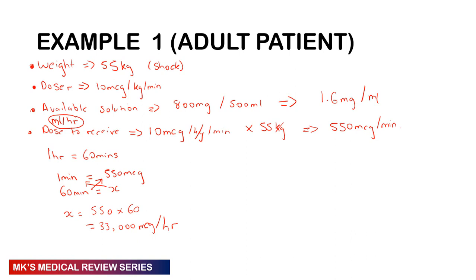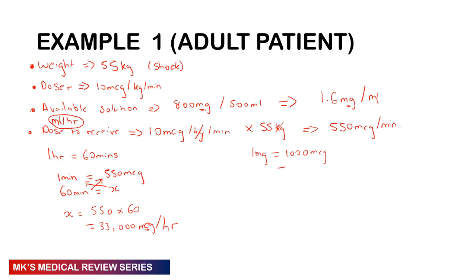We want to change it to milligrams, because our concentration here is given in milligrams, not in micrograms. So we want to change these micrograms to milligrams. Remember again, the next conversion factor that I want you to remember is that 1 milligram is equal to 1,000 micrograms.